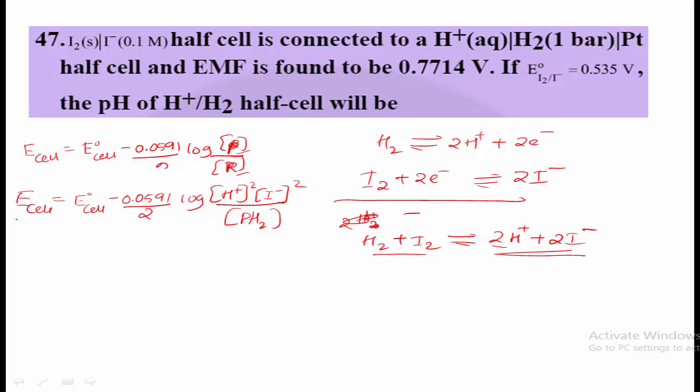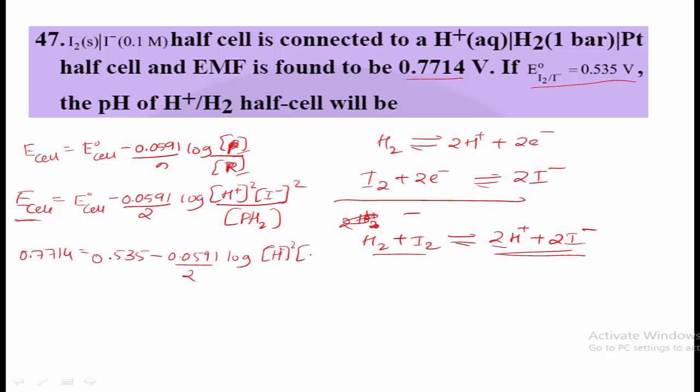Now substitute the values. E cell, that is the cell potential, is 0.7714. It is equal to E naught cell, the standard potential value, that is also given, 0.535, minus 0.0591 divided by 2 log of H plus square.